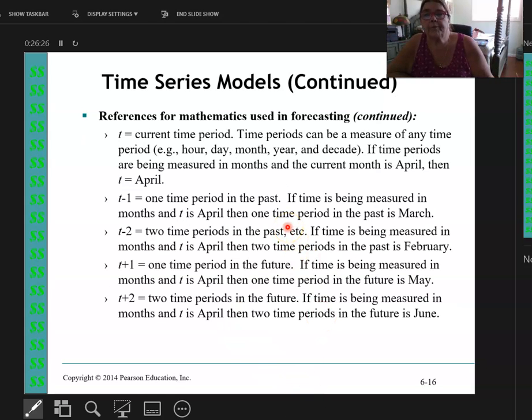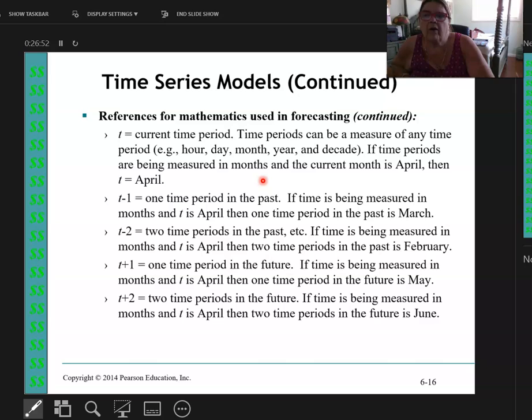And here's some more. T is the current time period. Usually I'm measuring a month or 30 days. Even though not every month has 30 days, when I talk about per month, it's basically every 30 days, regardless whether that month has 31 or 29. So T minus 1 is one time period in the past.